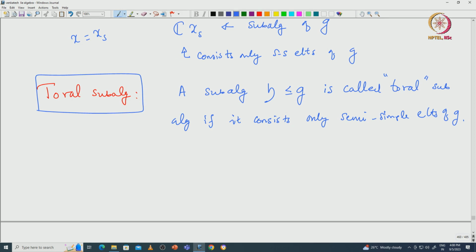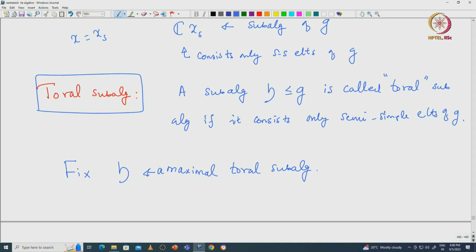So, we will fix such a maximal Toroidal subalgebra H. We will work with this H, but before that let us make one small remark.